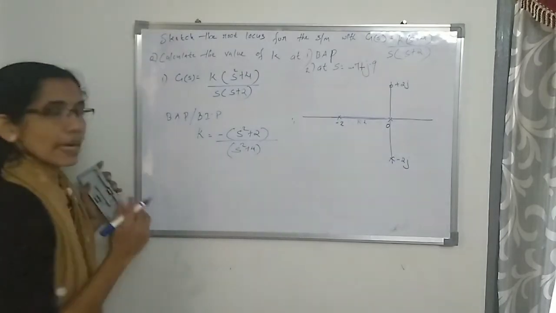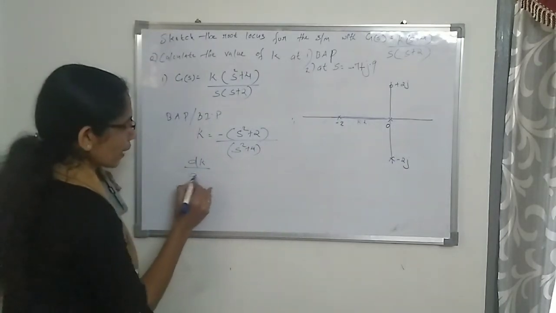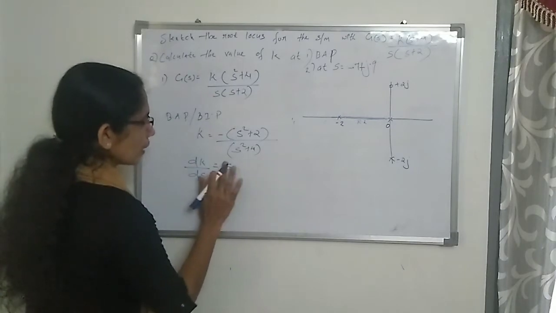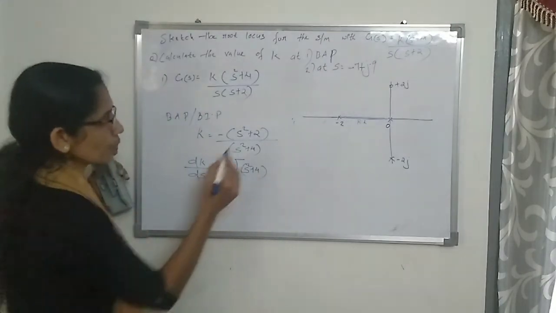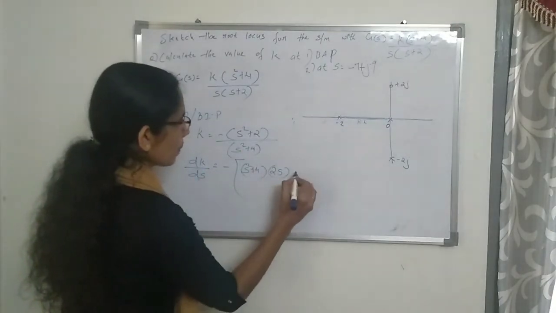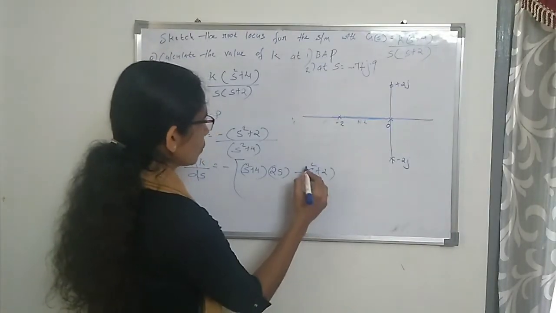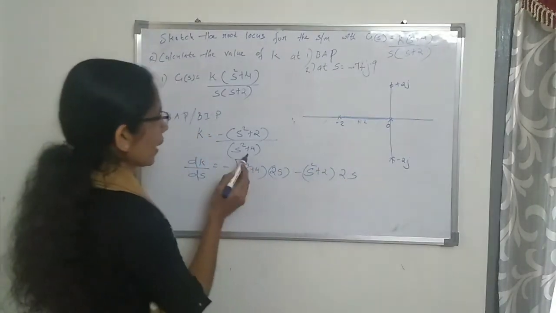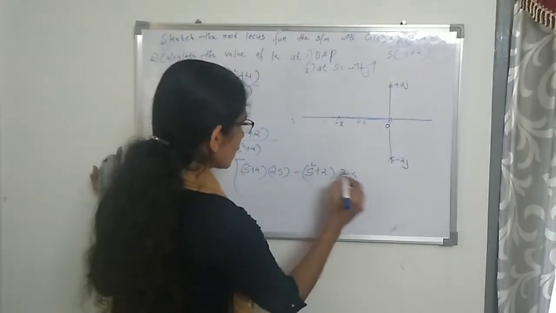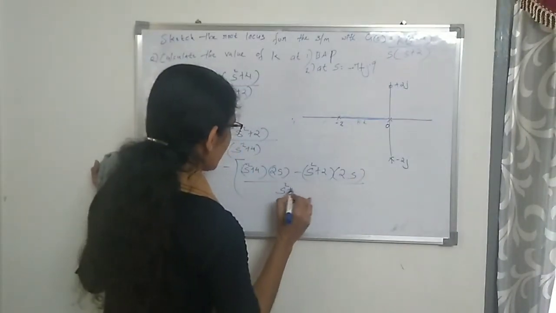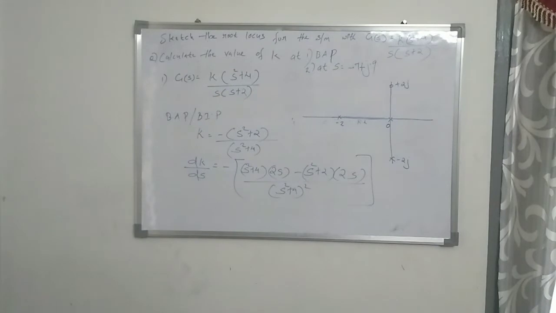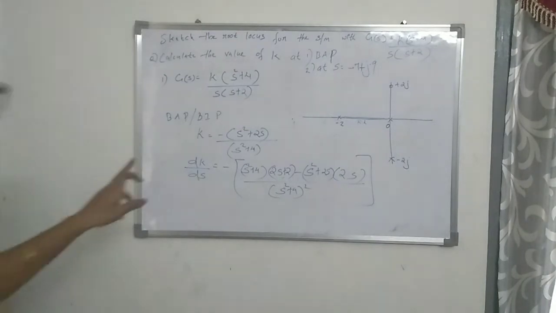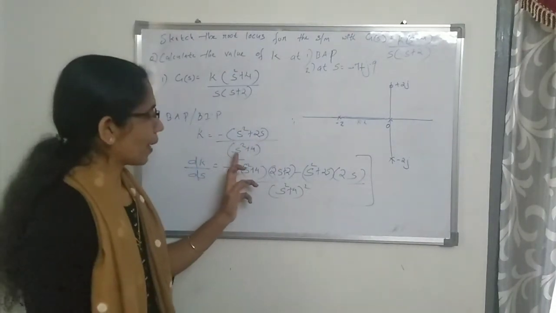We need to find dK/ds. There is a correction: K = -(s^2 + 2s)/(s^2 + 4).